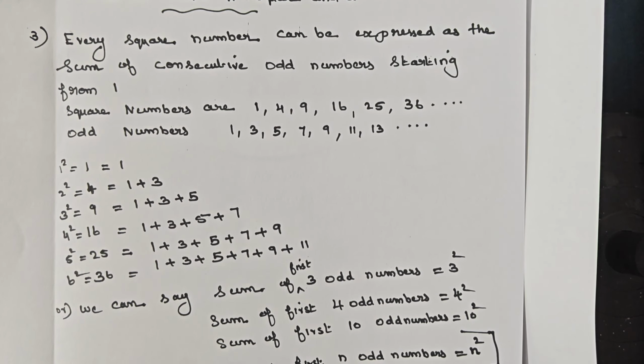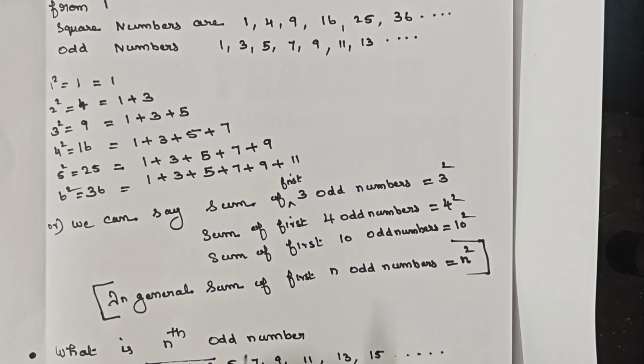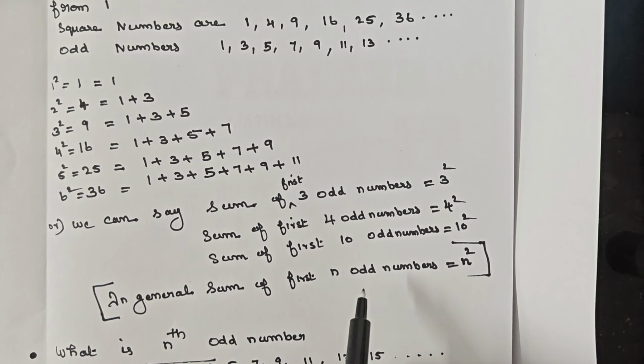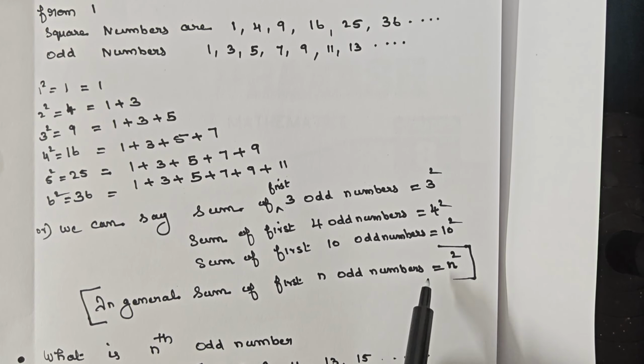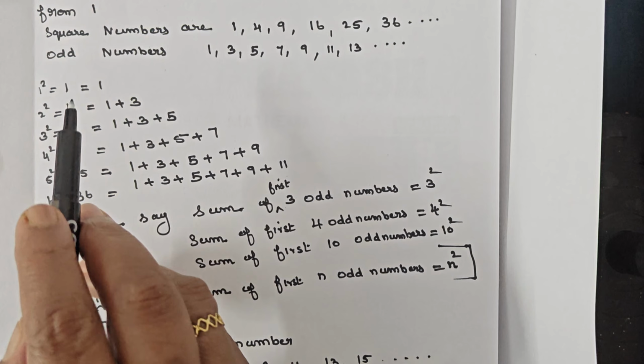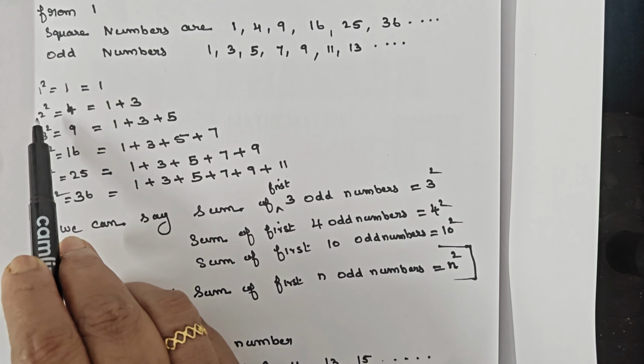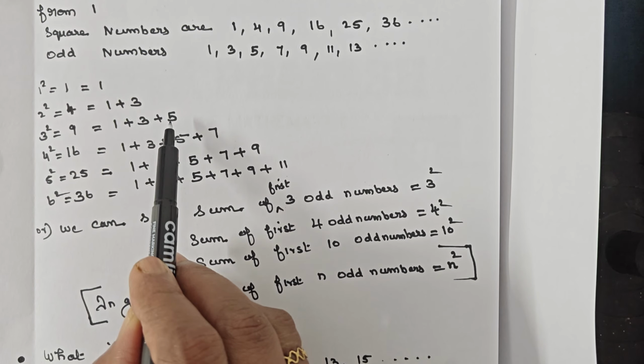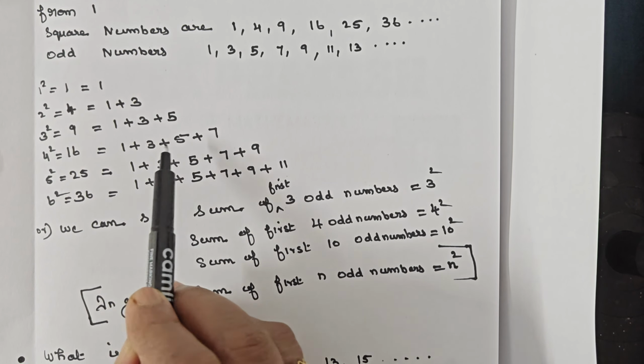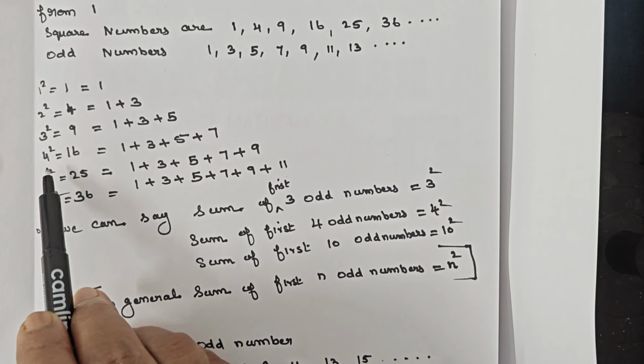So generally we can say that the sum of the first n odd numbers is n square, because here the sum of the first 2 odd numbers is 2 square, the sum of 3 odd numbers is 3 square, the sum of 4 odd numbers is 4 square.